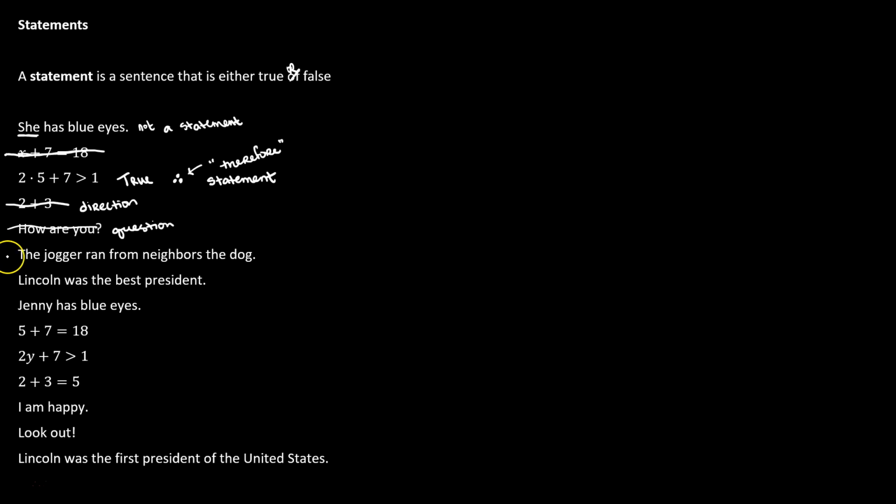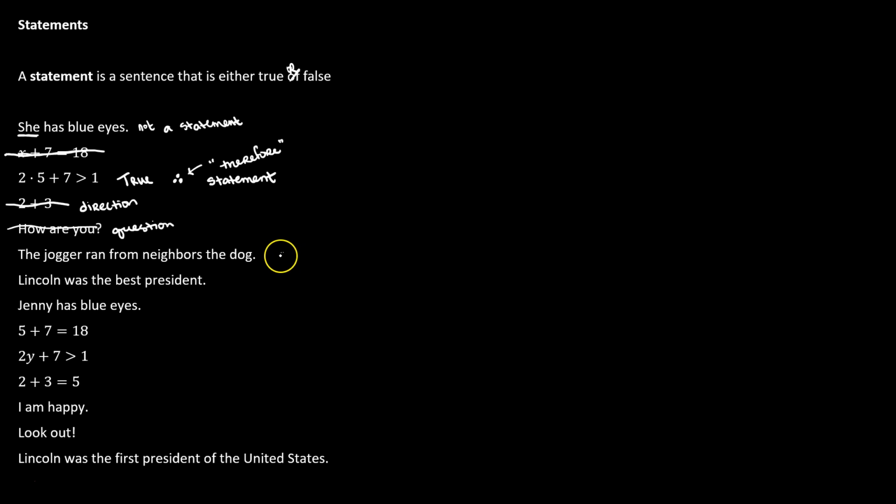Now this is kind of tricky because the jogger is talking about one specific jogger. If this were a jogger instead of the, it would change completely. But the jogger is referring to the only jogger that you could be referring to, and this jogger ran from the neighbor's dog. So this is either true or false, but it is a statement because we're talking about one jogger.